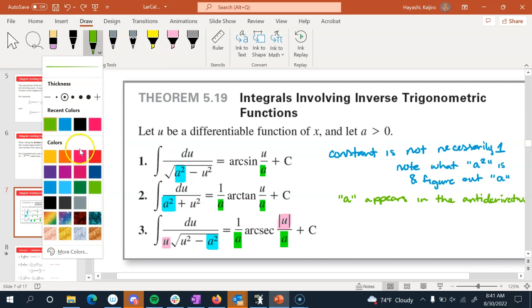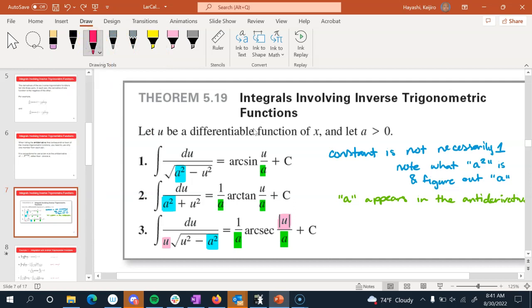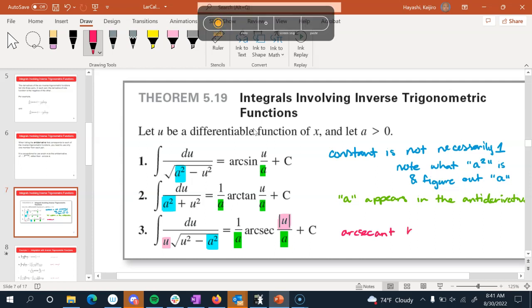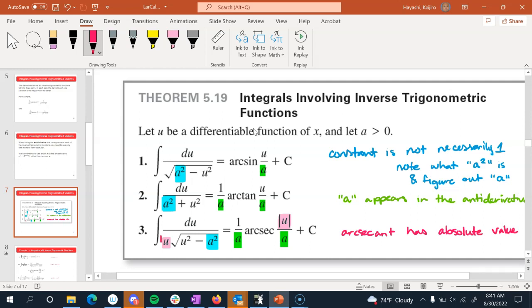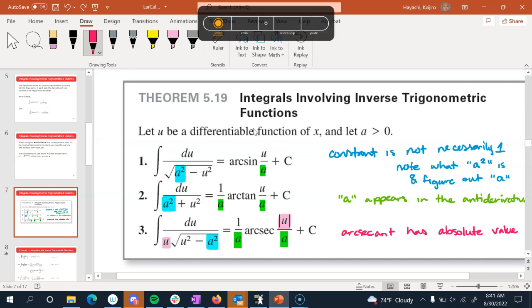Okay, then last, for the antiderivative that becomes arcsecant, the arcsecant has the absolute value not here, it doesn't, but rather here. So while that is backwards to how the derivative is, when you take the derivative, what you get is going to have the absolute value bars.